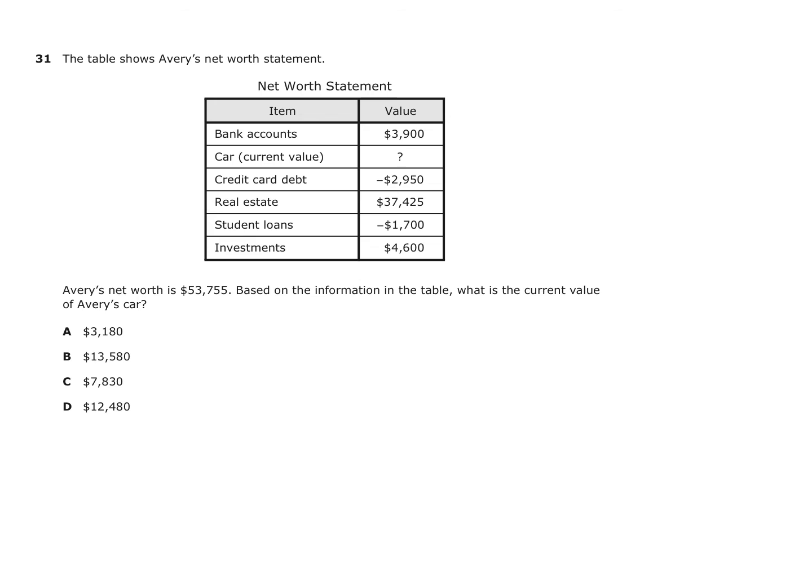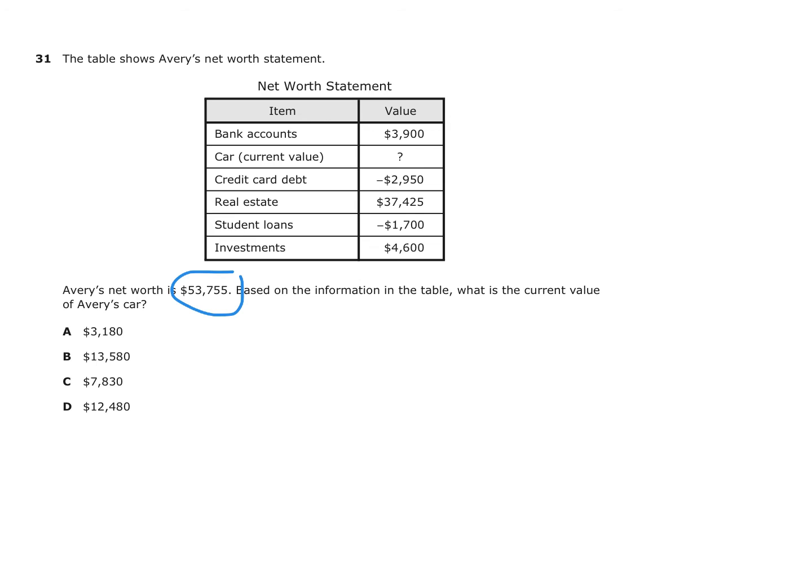Student loans, he owes $1,700, that's negative $1,700. And he has investments worth $4,600. So the net worth is $53,755. Based on this information, what is the current value of his car?